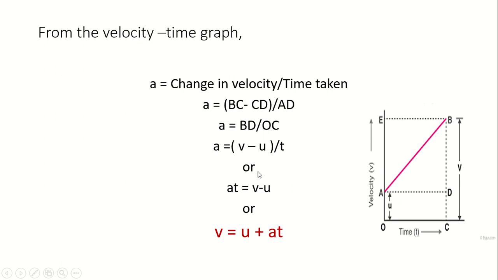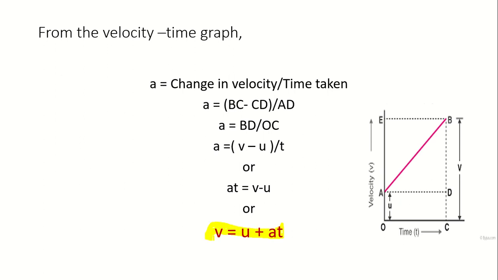Or you can solve like you are solving linear equations. So by cross multiplying you get at equals to v minus u, or by transposing you get v equals to u plus at. So this is the required first equation of motion, which is very important part of this chapter.